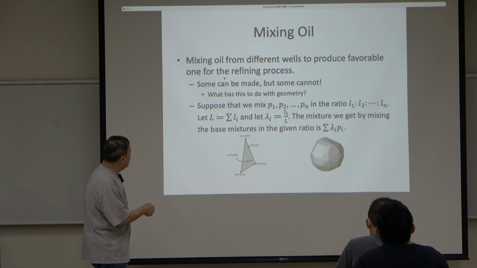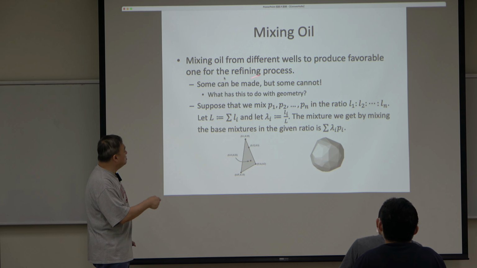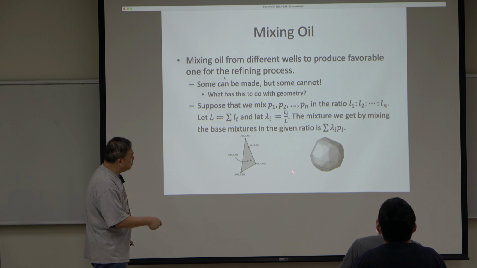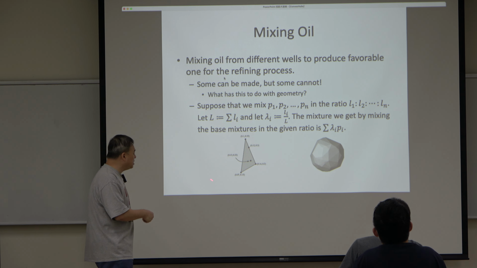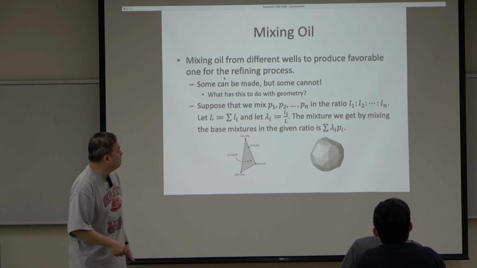Let capital L be the summation of Li, and lambda i be Li divided by capital L. The mixture we get by mixing the base mixtures in a given ratio is the summation of lambda i times Pi. This is the mathematical formula, but in reality, what we get is a polytope.